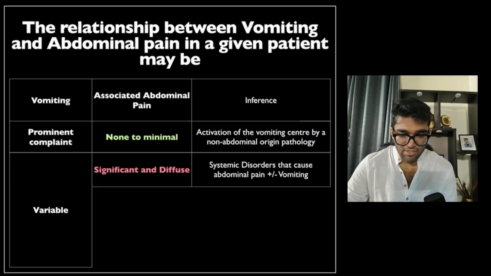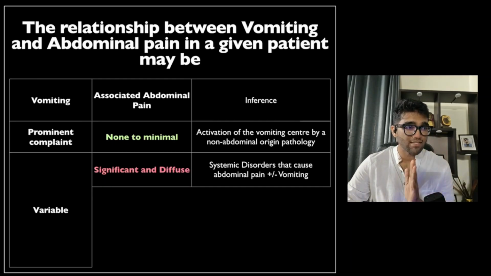Now the second thing is you could have variable degrees of vomiting, but there is significant abdominal pain, as in the patient has complaints that the abdominal pain is a significant clinical issue. That abdominal pain can then be diffuse, that is, present all over the abdomen.